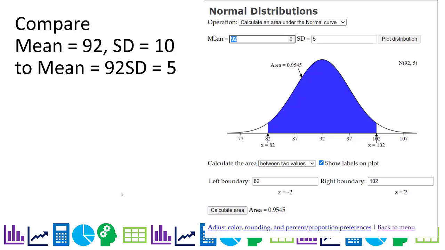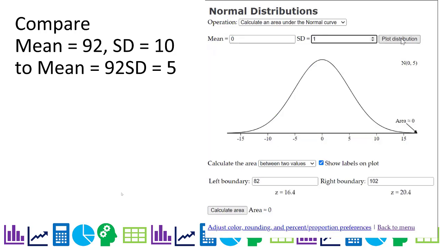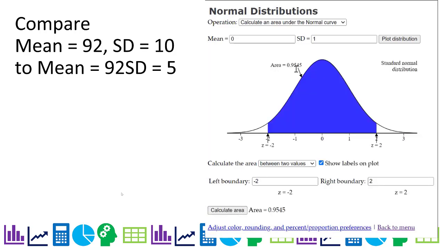So basically, I could just do the standardized curve right here. It doesn't matter that the population means are the same. If I am going 2 standard deviations down, which is basically a z-score of -2, to 2 standard deviations up, which is a z-score of +2, I'm always going to get this 0.9545.